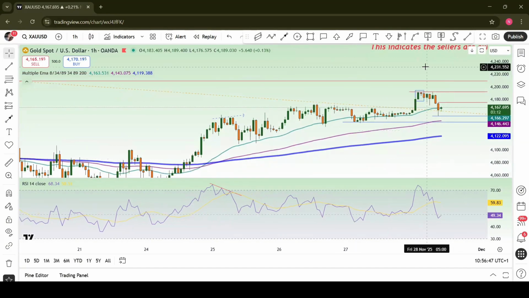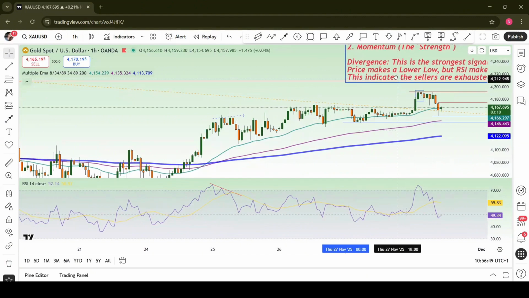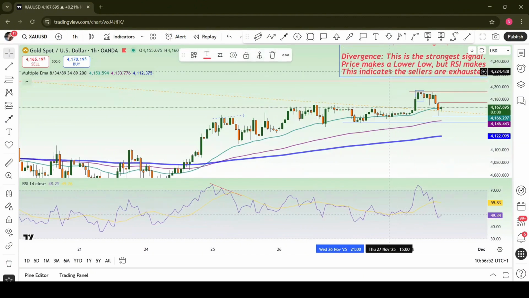And for me, it's not easy. It's not easy at all, because the first thing is patience. You need to be patient to wait for this signal to occur. And this is on the 1 hour chart. It will form for the broader view of the market of a day trading.